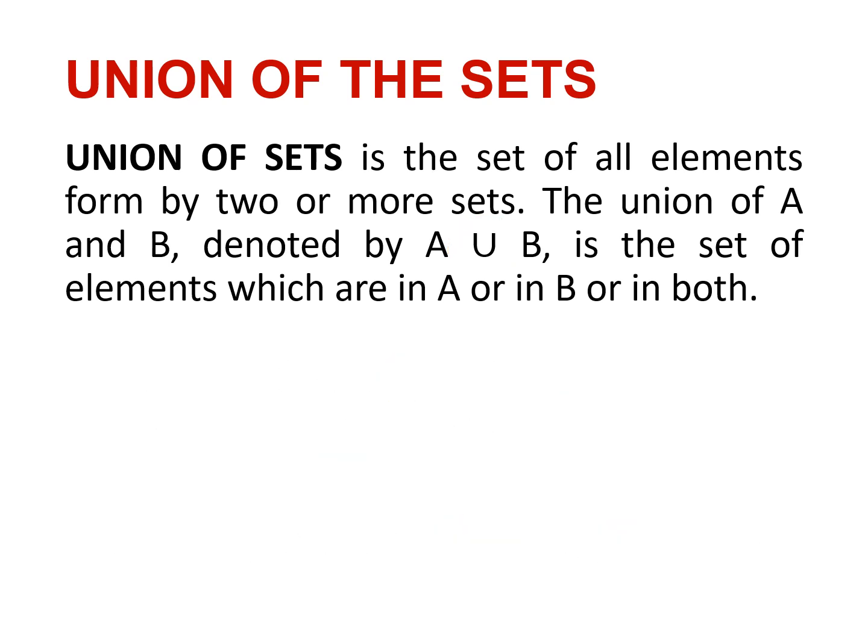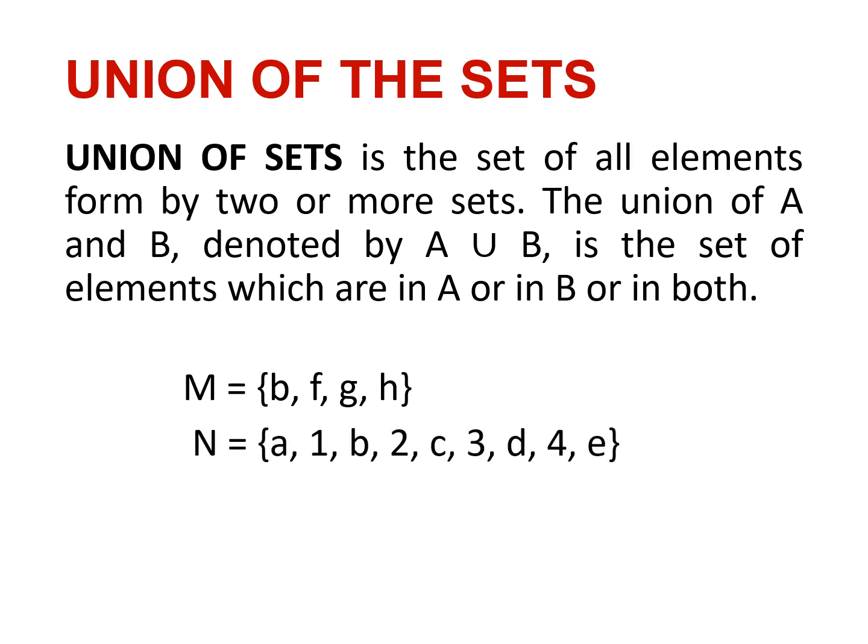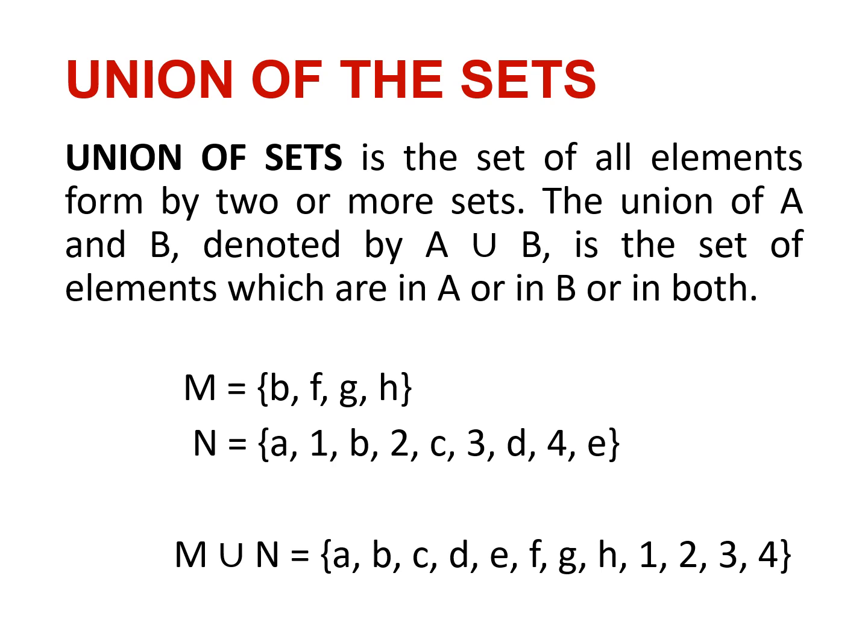Now let's try to have another example. Suppose you are given set M, whose elements are B, F, G, and H, and set N, whose elements are A, 1, B, 2, C, 3, D, 4, and E. So to get the union of set M and N, we have M ∪ N is A, B, C, D, E, F, G, H, 1, 2, 3, 4.